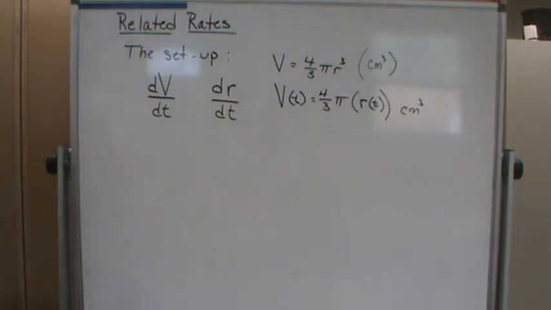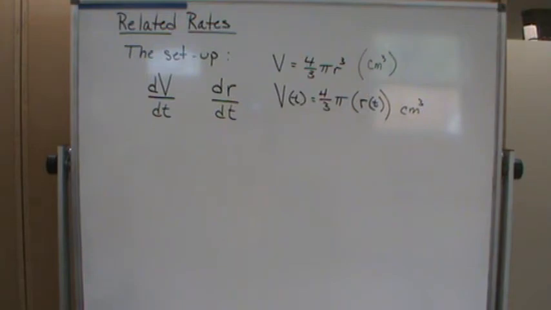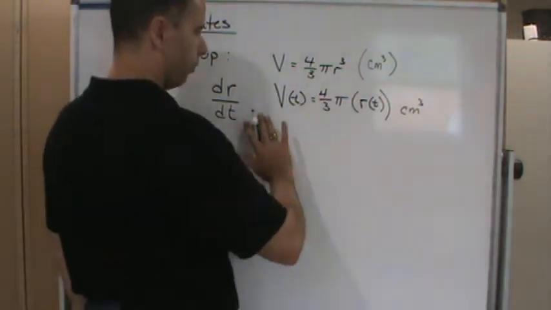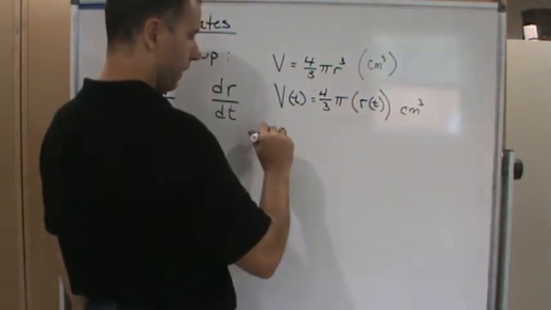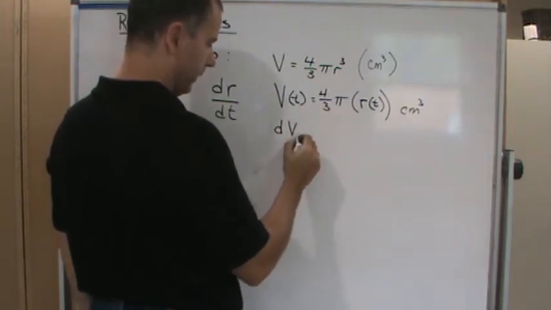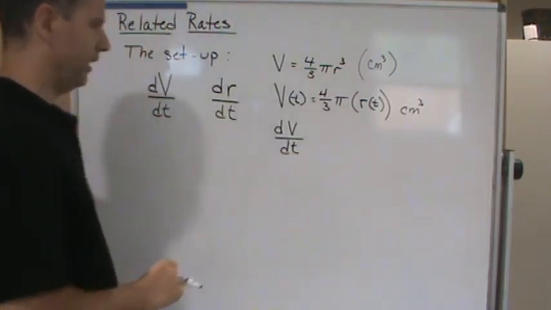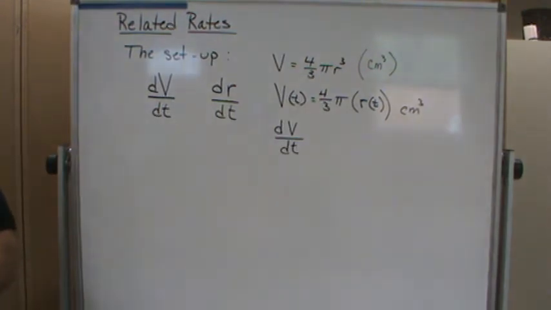Now we're going to differentiate both sides with respect to time, and then apply the chain rule and see what we get. We're going to take the derivative of both sides. So here we're going to get dV/dt.